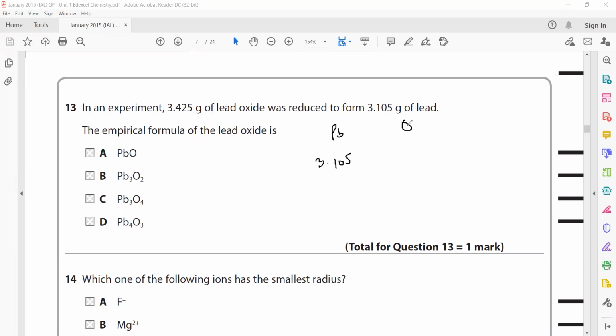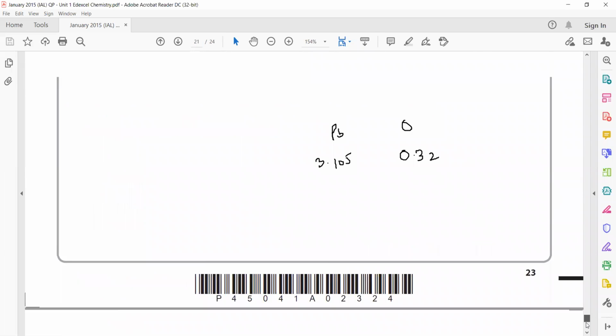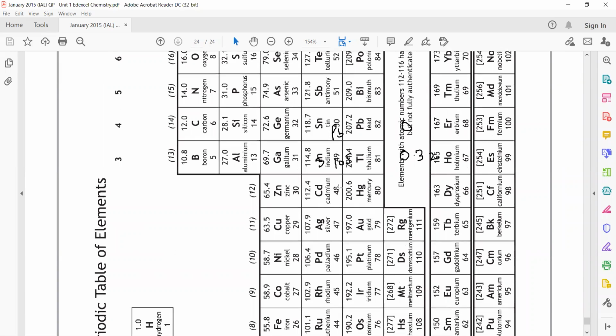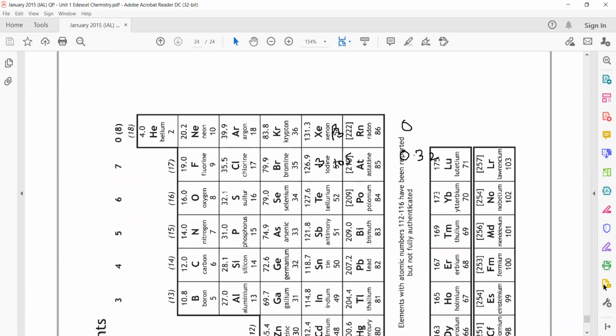So total mass 3.425 minus 3.105, that is equal to 0.32. Then what we have to do, we have to divide by atomic mass, which is 207.2 for lead, as you can see here.